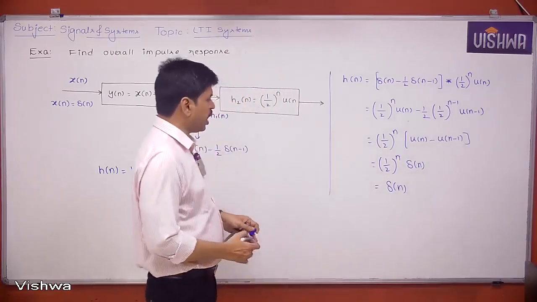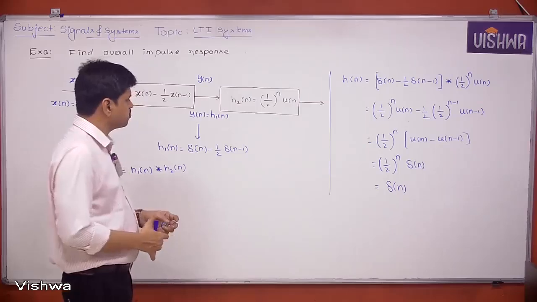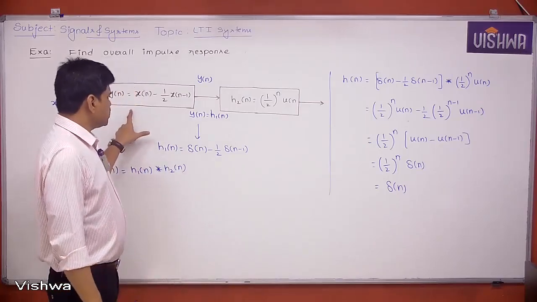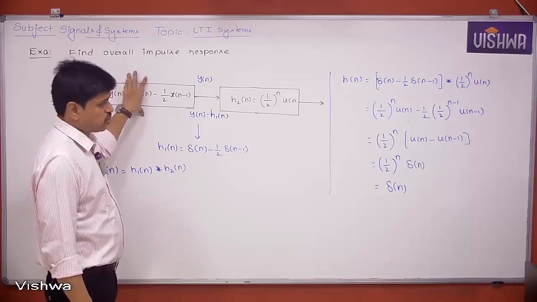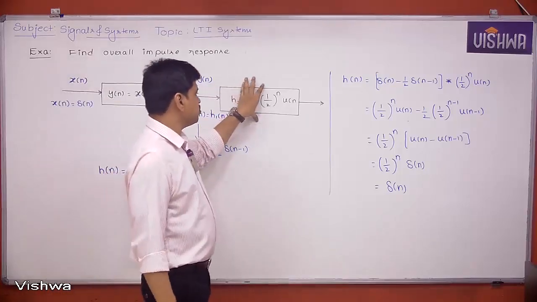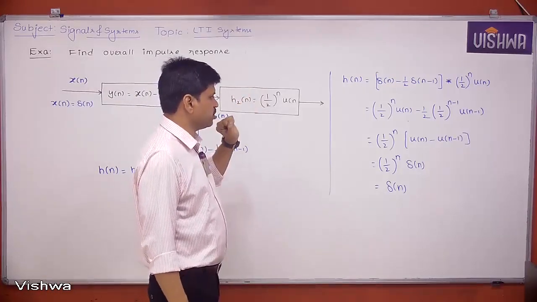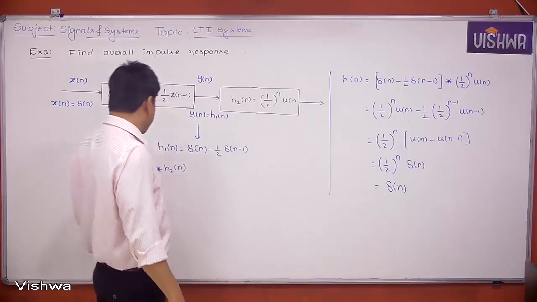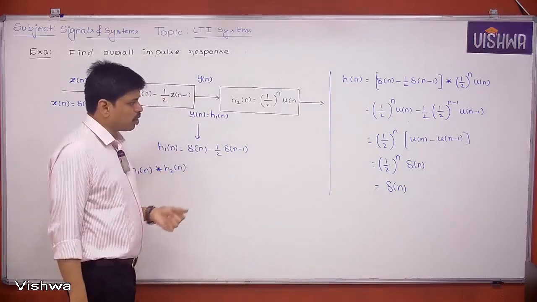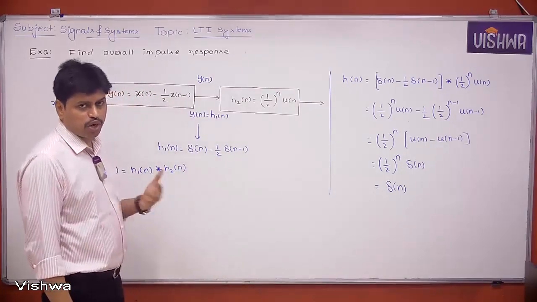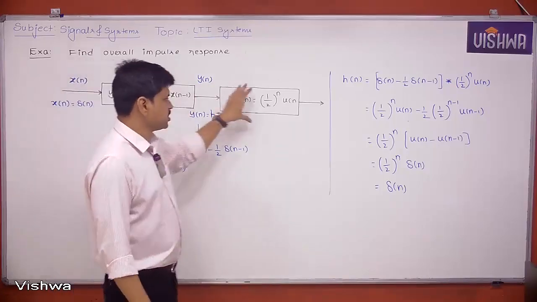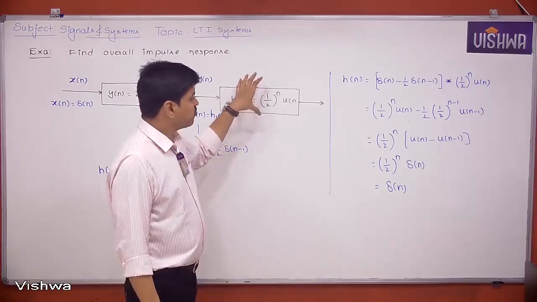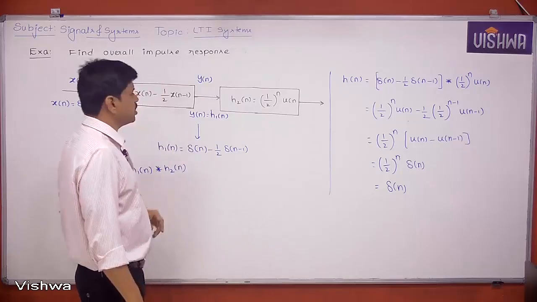Now from this I want to give more information. This system has impulse response h1 of n, and this system has impulse response h2 of n. If I convolve them, h1 of n with h2 of n, what we are getting is delta n. What do you mean by that? Can I simply say, for this system, this is nothing but the inverse system, and for this system, this is nothing but the inverse system.